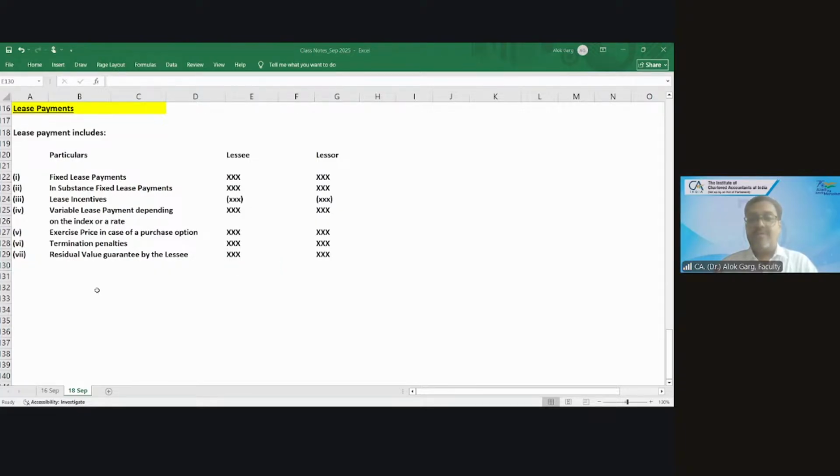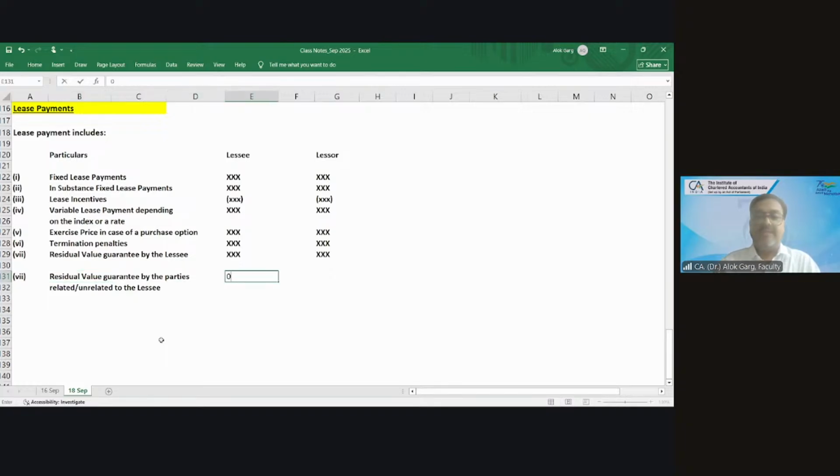Now, what last? So the lessee lease payment is over. What next? Residual value guarantee by the parties related or unrelated to the lessee.